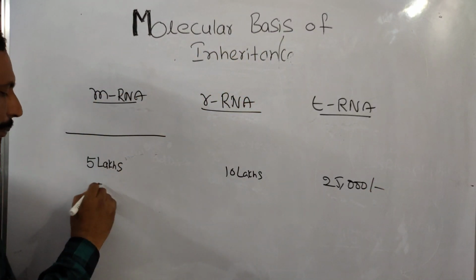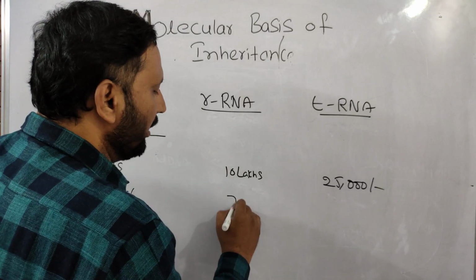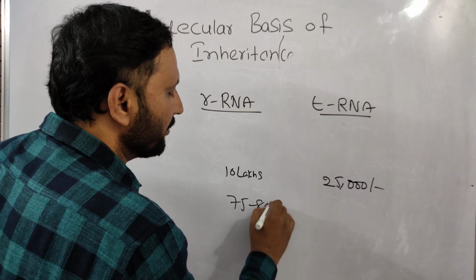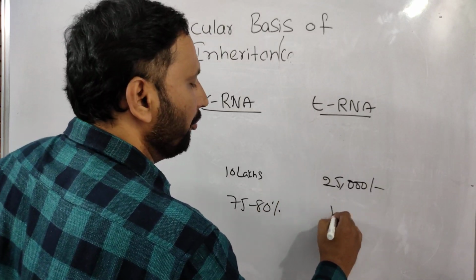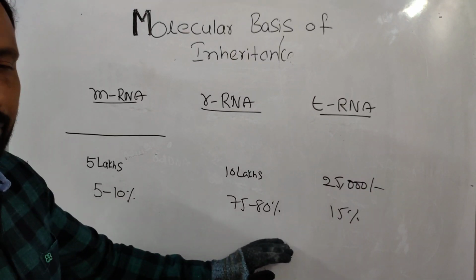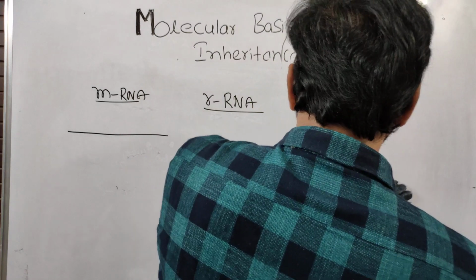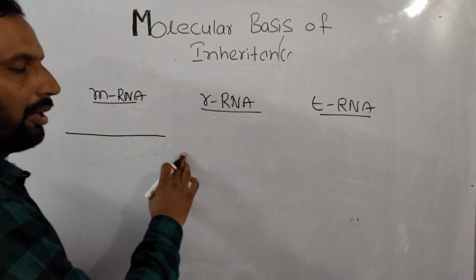Among all RNAs, the percentage of mRNA is about 5 to 10%, here it is about 75 to 80%, and here 15%.